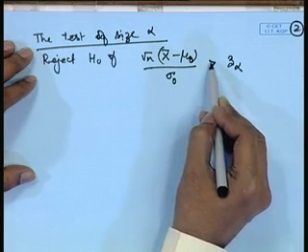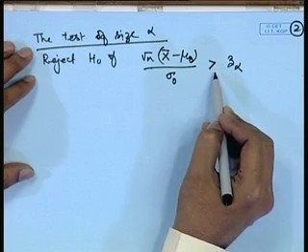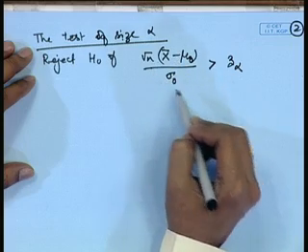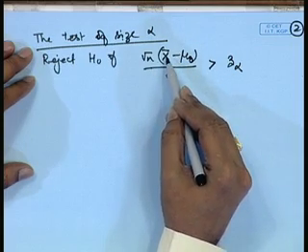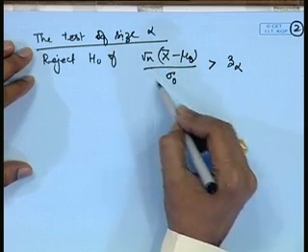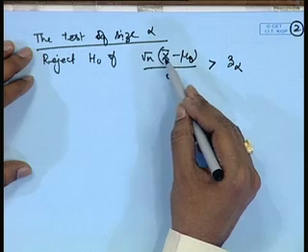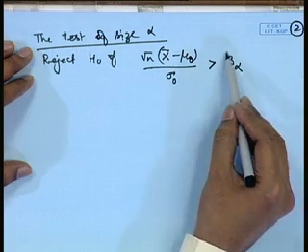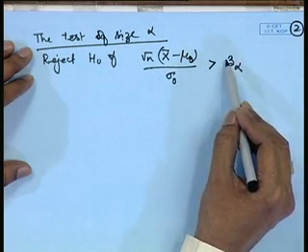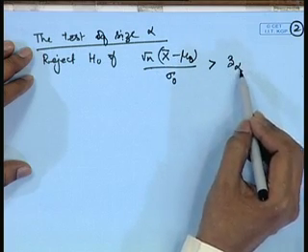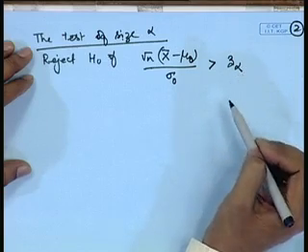Once again, whether you include equality here or not does not make any difference, because the size does not change, because x bar is a continuous random variable. In fact, this random variable under H naught has a standard normal distribution, and that is why the probability point of the distribution has turned out to be the z alpha point.